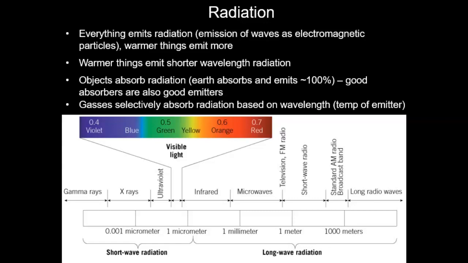And the hotter that the object is, the shorter that the wavelength of maximum radiation is as well. So, for example, the sun, which has a surface temperature of 5,700 degrees Celsius, radiates a maximum energy at 0.5 micrometers, which, as you can see in the image, is within the visible light range.